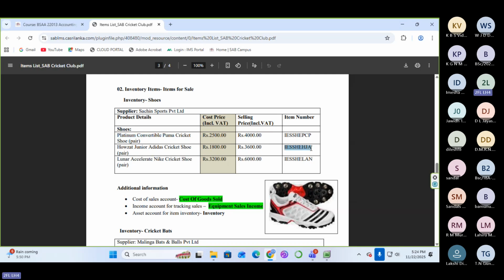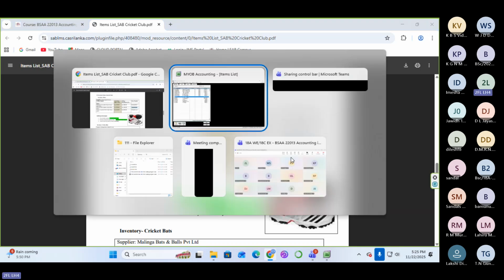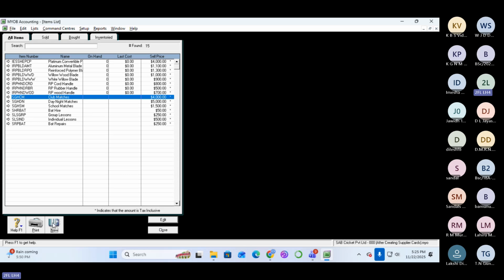Then you can copy from the previous shoe and continue creating all the shoes.